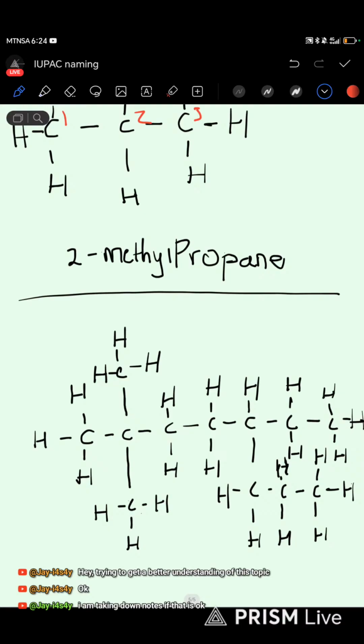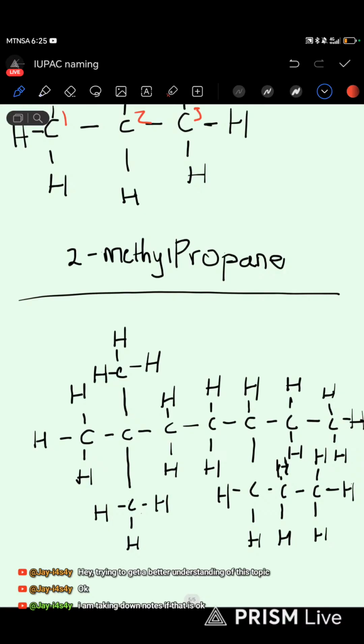Okay, now this is the last example that I want to look at today. It's quite loaded. But remember, the first step is to look for the longest chain, the parent chain. And remember, we said that you must start counting from the side that is going to give you the smallest number to the branches.